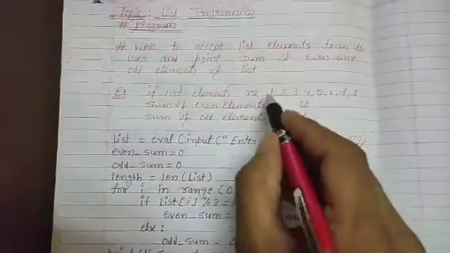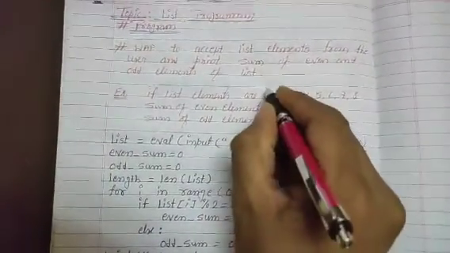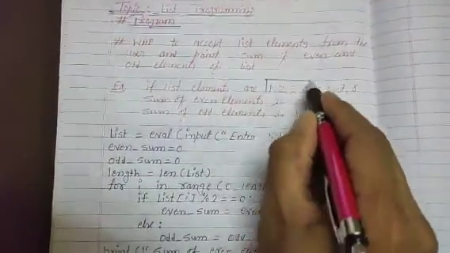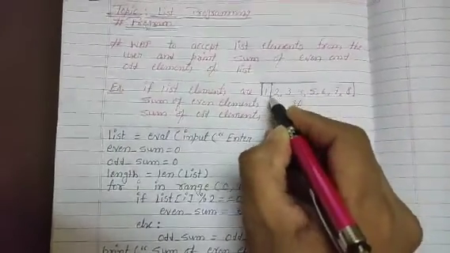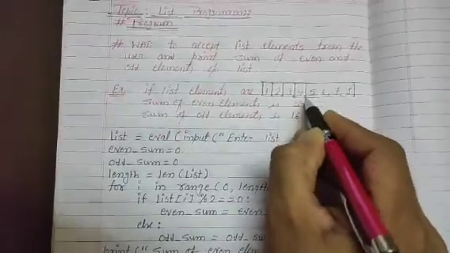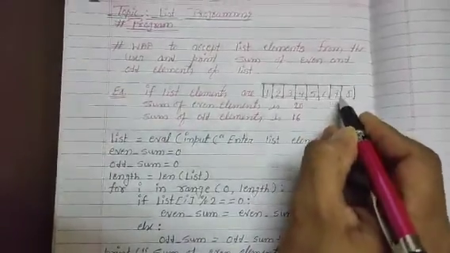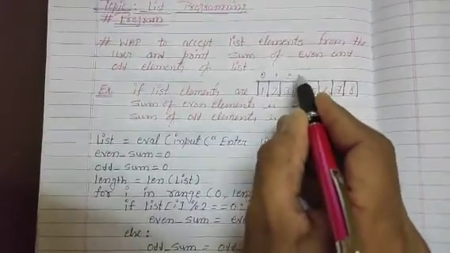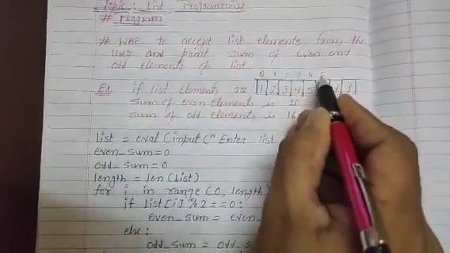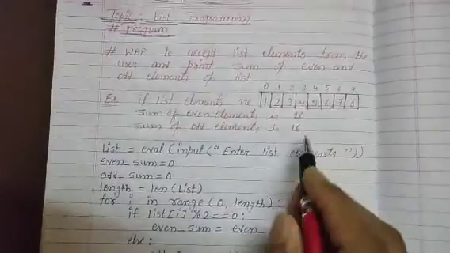Suppose this is the list of elements, and the index of this list is 0, 1, 2, 3, 4, 5, 6, 7.